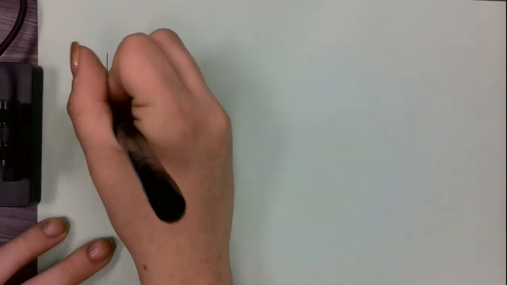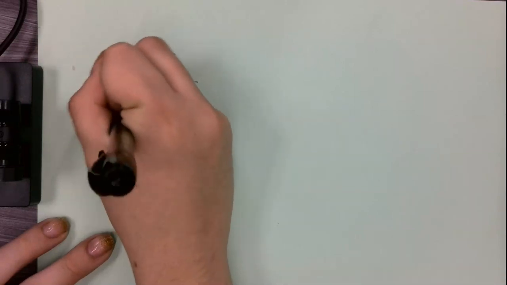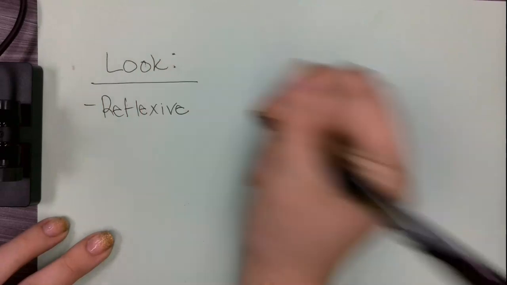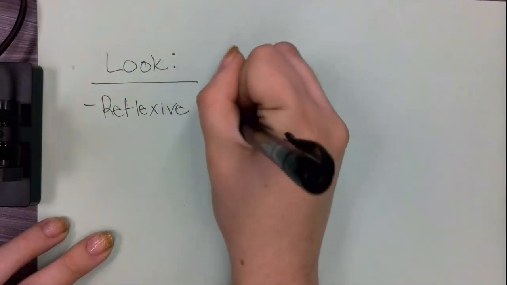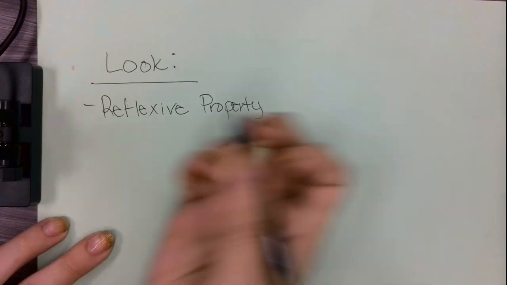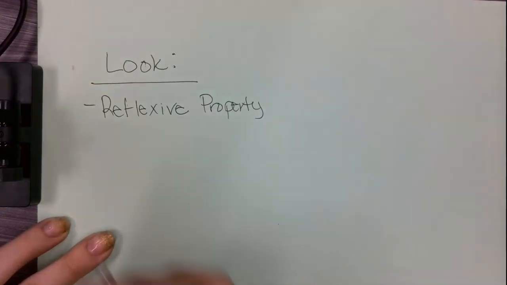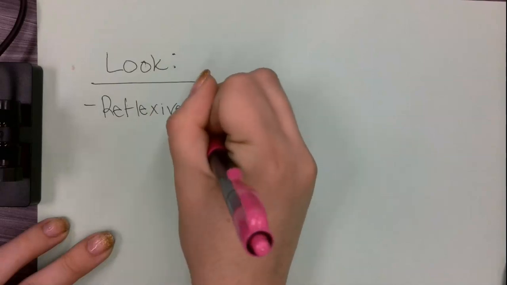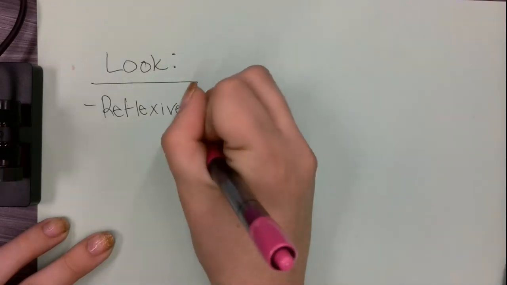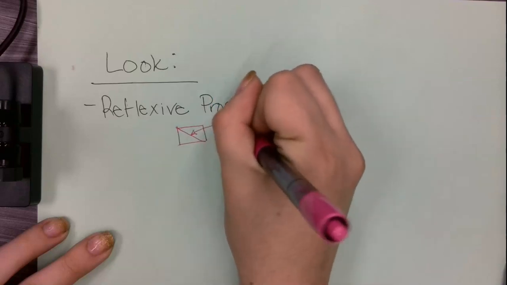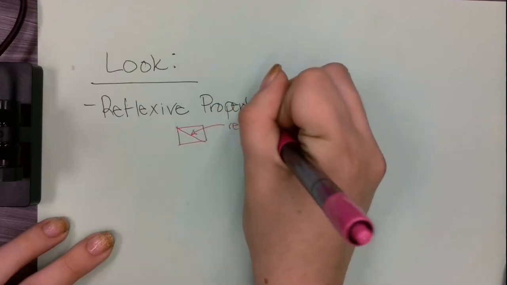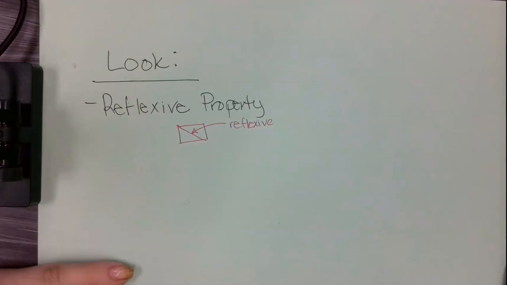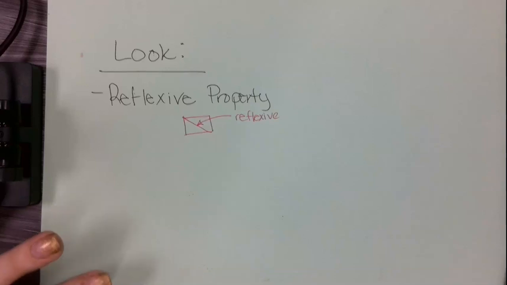So there is the reflexive property. So I can use this when I have the same line that's used twice. So does the reflexive property help me find sides or angles? Sides.